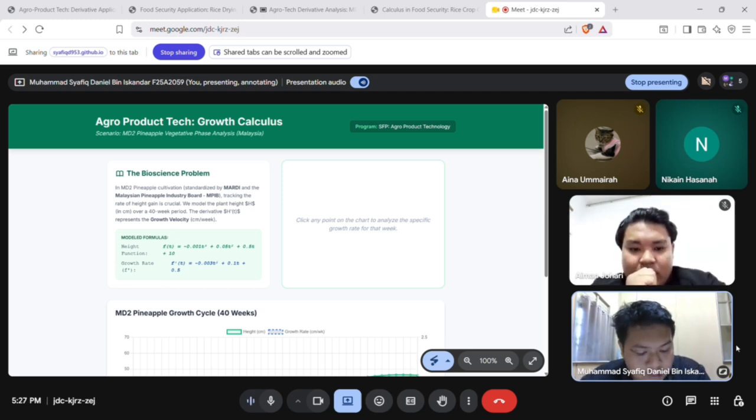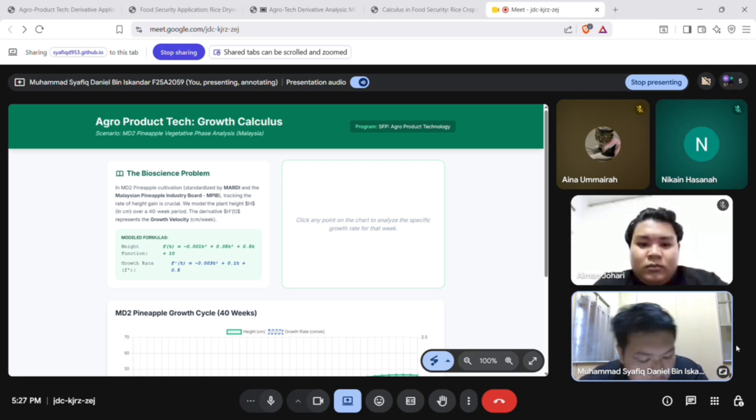This math analysis is important to find the maximum growth rate of the plant using the second derivative when f double prime of t equals 0. This data also helps farmers plan the best fertilizer schedule based on MOHD and LPNM standards.